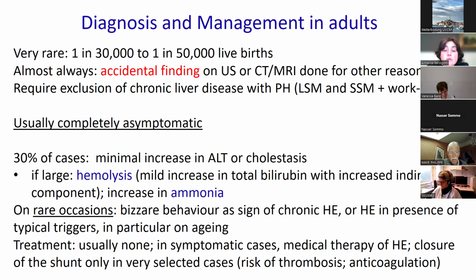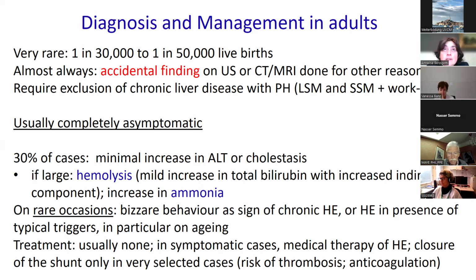Only in very rare cases, this can lead to chronic or episodic hepatic encephalopathy, and this tends to be more common in aging, so in older, elderly people due to some involution of the brain that is permissive to the development of hepatic encephalopathy.